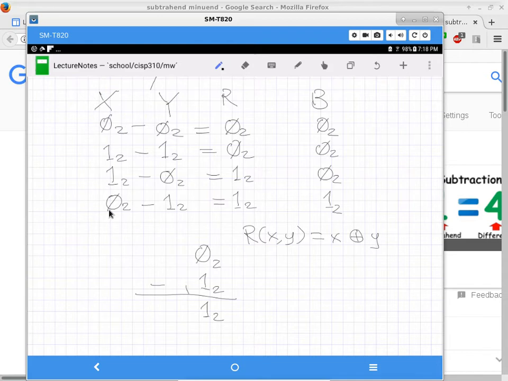Okay, so when we look at the borrow, when we subtract y from x, then we have to say, okay, how do we use a logical expression so that when x is 0 and y is 1, then we want the borrow function to be a 1? Well, we can use an AND, okay? But not just an AND, we need to negate x first.